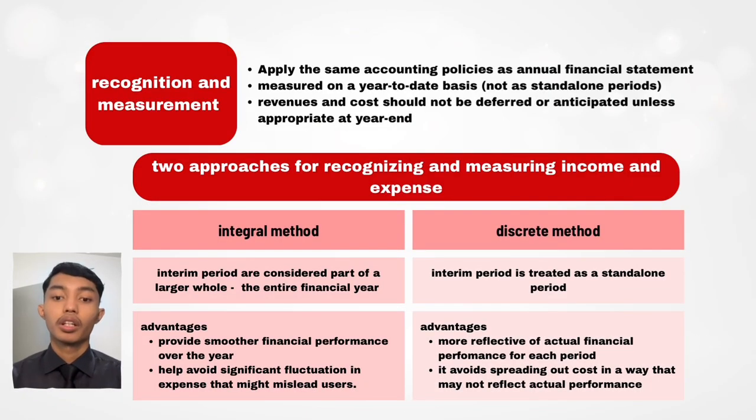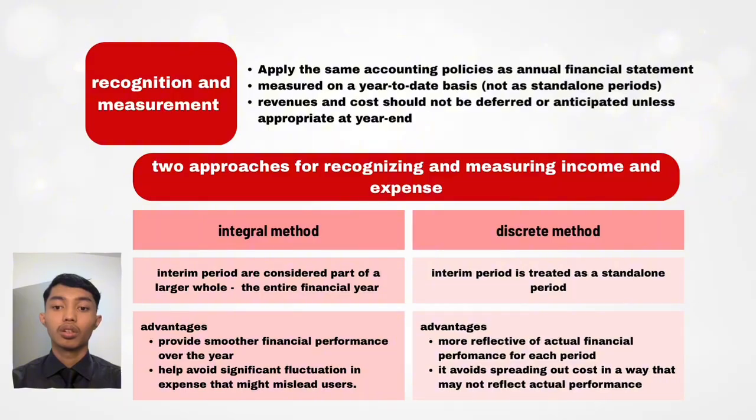Next, I will explain about recognition and measurement under MFRS 134. Under MFRS 134, interim financial statements must follow the same accounting policy used in the annual financial statements. This ensures consistency and comparability throughout the year.